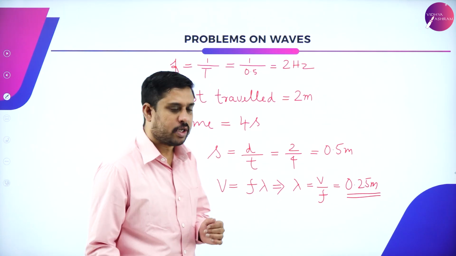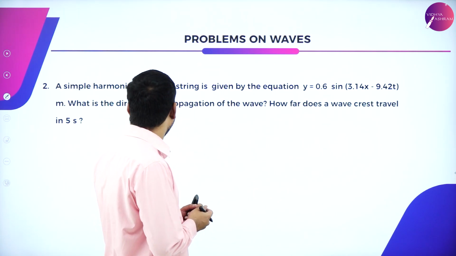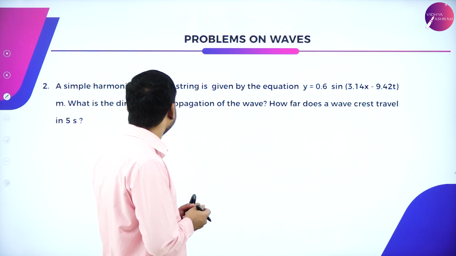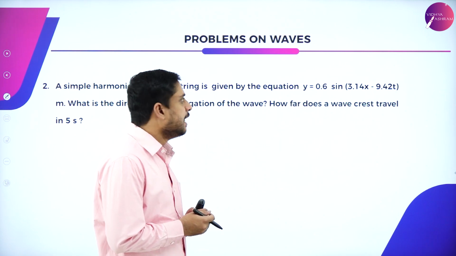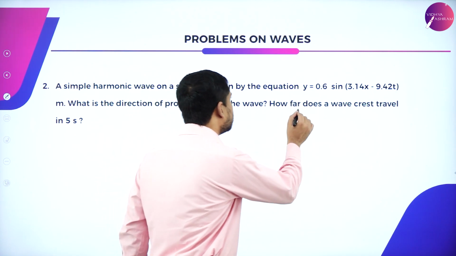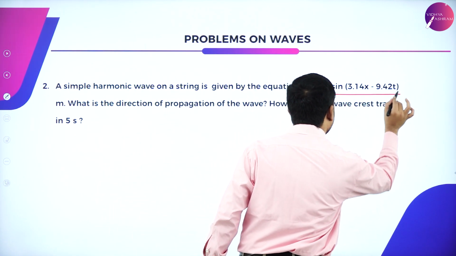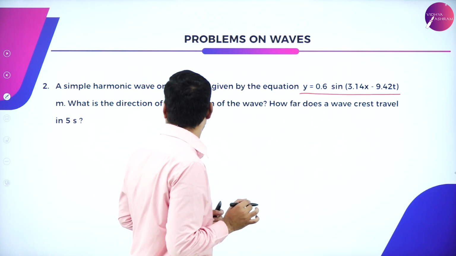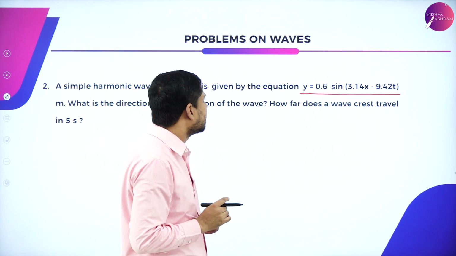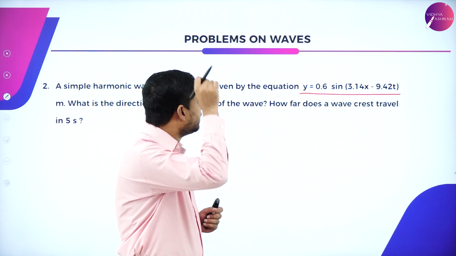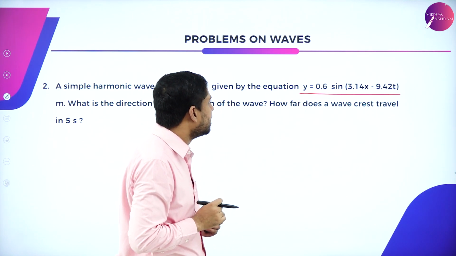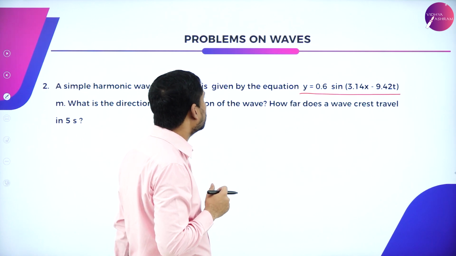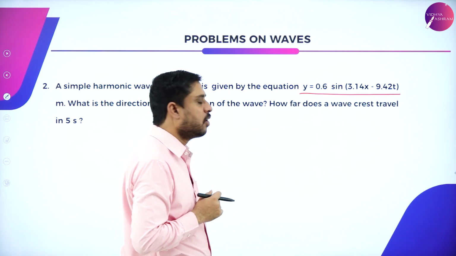The next one, students. A simple harmonic wave on a string is given by the equation y equals 0.6 sine (3.14x minus 3.42t).